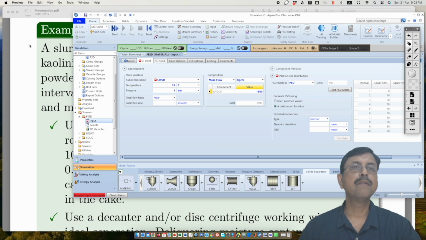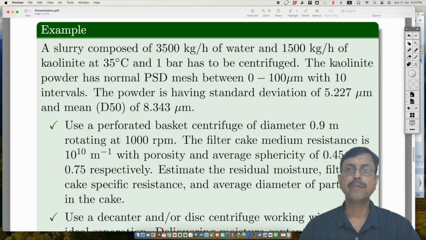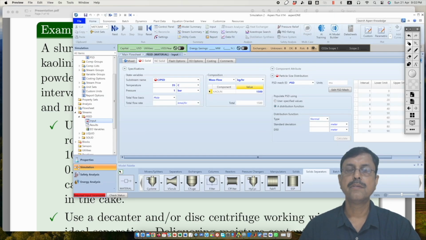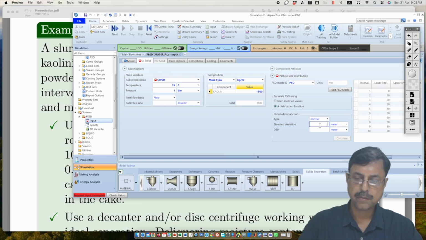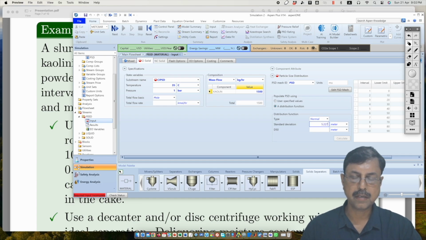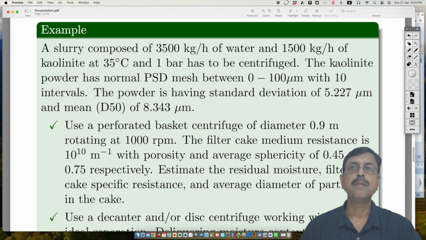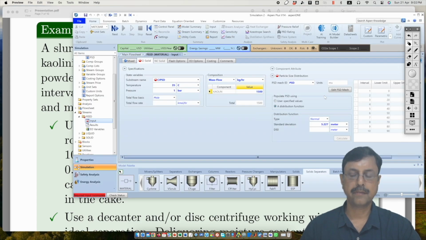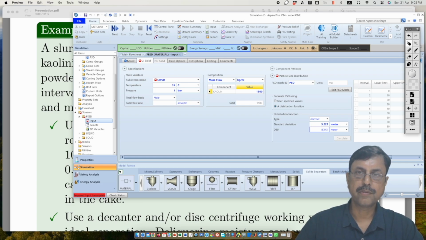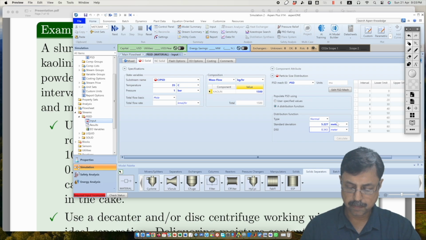Standard deviation is given, 5.227, and mean 8.343, both in micron.